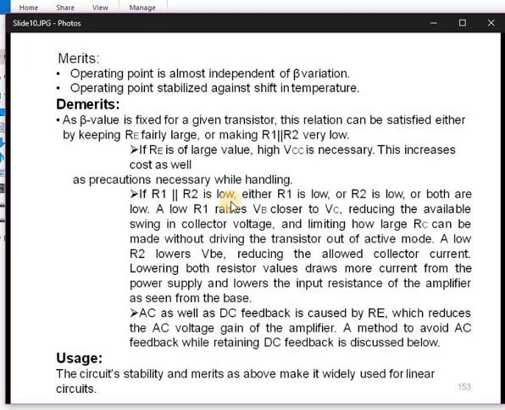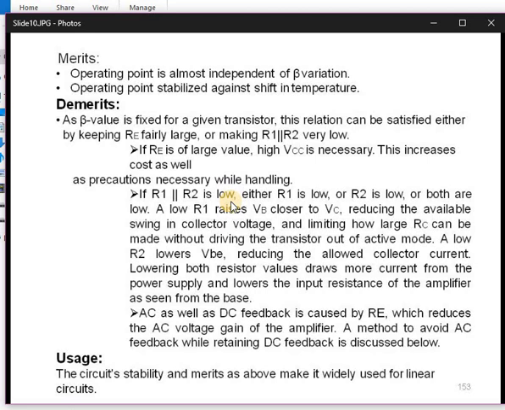When VB is nearly equal to VC, the available swing in the collector voltage is reduced, limiting how large an RC can be used without driving the transistor out of active mode. Next, if R2 is reduced and lower, it lowers VBE, which reduces the allowed collector current.